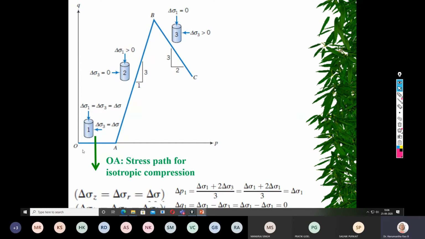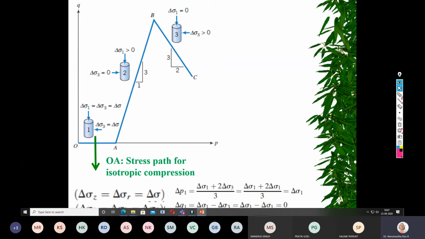Another important thing that we need to understand is when the stress path is following only horizontally. It is possible only when there are no shear stresses acting on this element, maybe in the horizontal direction or the vertical direction or otherwise, on the plane of the maximum principal or minor principal stress.